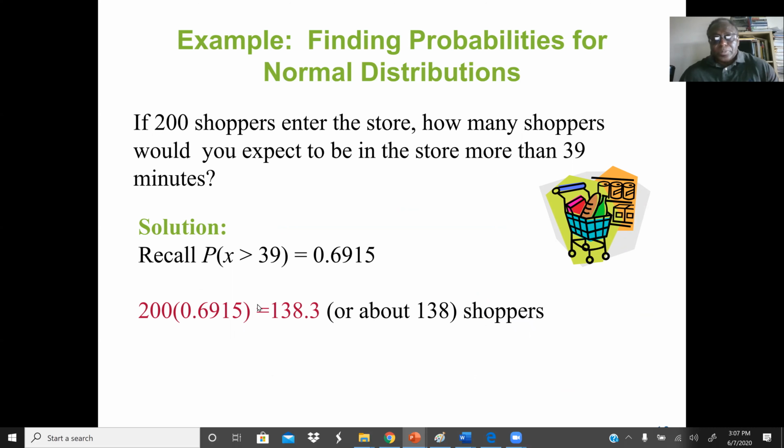So we plug in the values. The formula here is Z equal to X minus mu over standard deviation. If I'm looking for X, I have to cross multiply, and then we convert the value. So this gives us 200 times 0.6915, equal to 138.3.